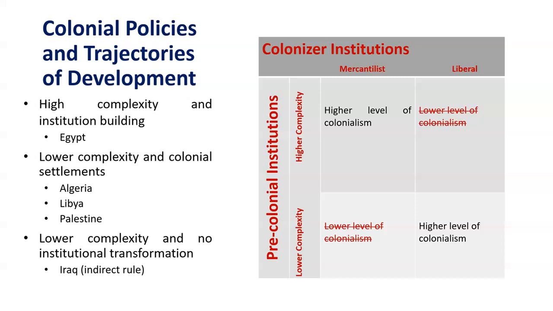Okay, so I'll start out with the high complexity and institutional building. Egypt was a highly complex society, right? They had their own centralized authority. It was an agricultural-based economy, and they had their own complex social, economic and political relations.